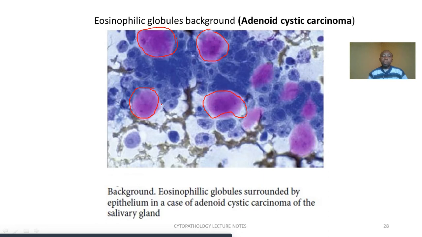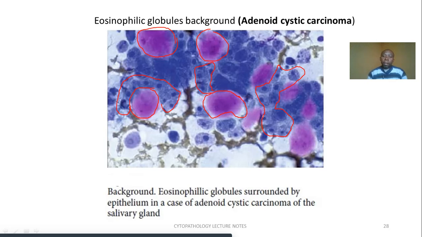We have a lot of epithelial cells that we can appreciate. These are epithelial cells surrounding the eosinophilic globules. We can appreciate that these are epithelial cells based on their shape. They are polygonal in shape, and they are cyanophilic in staining.